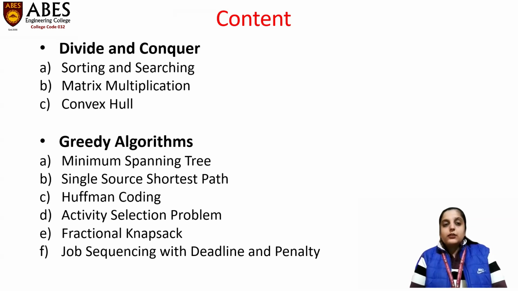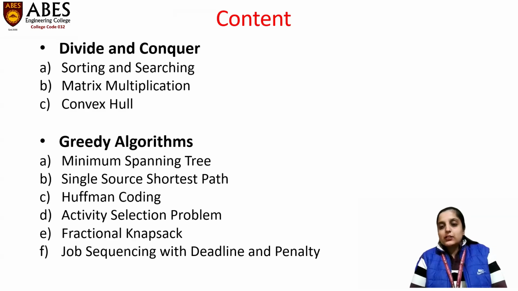So, first of all, we have to understand what is divide and conquer and what is greedy algorithm. So, divide and conquer we have already learned in unit number 1 also. So, divide and conquer is a design strategy in which our main strategy is to divide a big problem into a number of sub problems, and we used to solve each sub problem independently by recursively calling it again and again till we reach a solution, or till we reach a smaller problem which we can solve very easily.